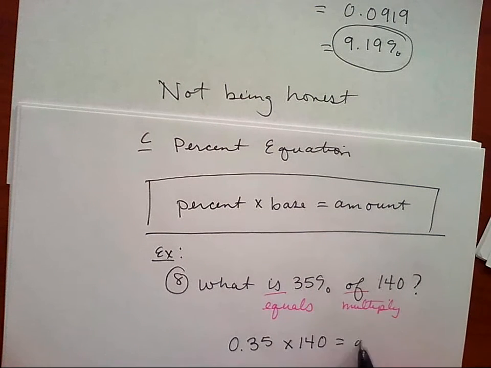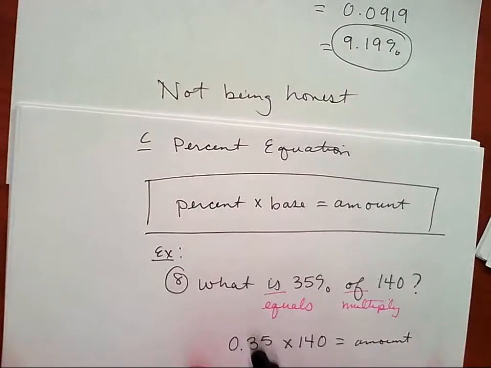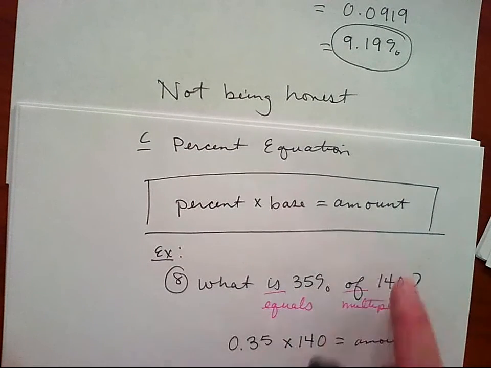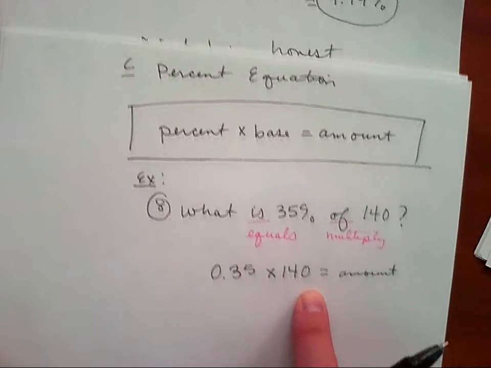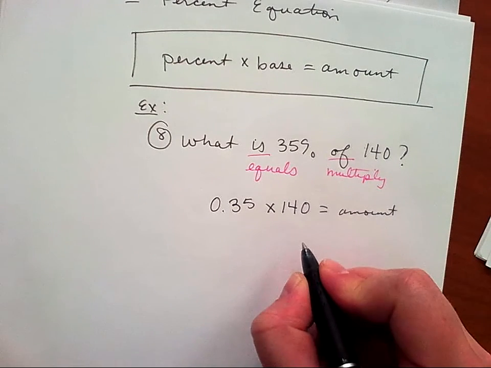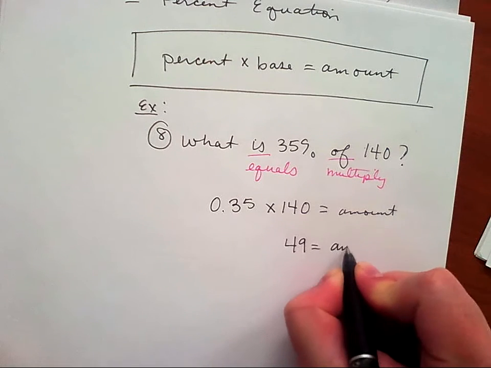Equals, in this equation, is the amount. I just did the opposite order, but that's okay. So now I put this into my calculator and I solve. What do you get? 49. 49 is the amount.